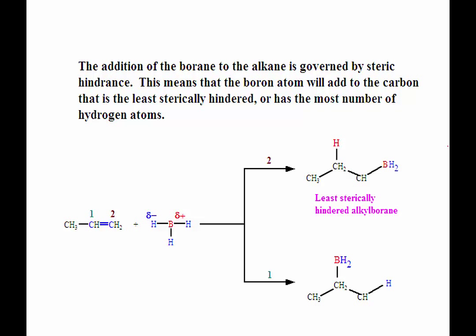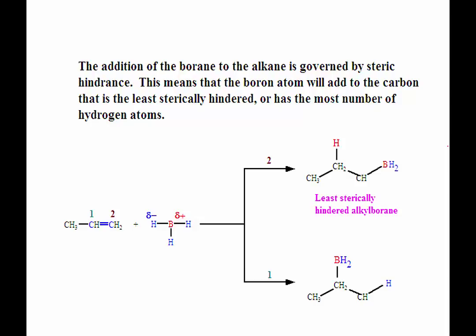Okay, so it turns out that this is totally based on sterics. The boron is going to be a fairly large group, even though it's BH2. You go, that's not that big. Well, I'm cutting some details out of the mechanism here, which I still will. But just accept for the sake of argument that boron's a big group.